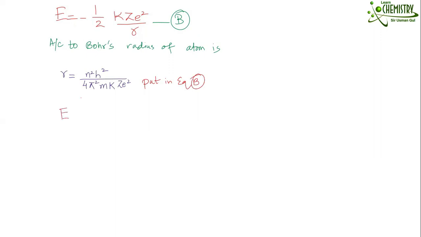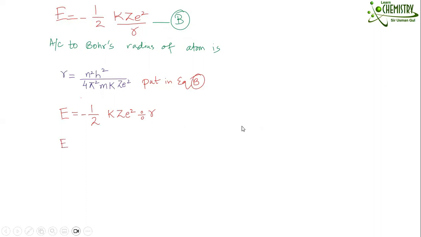Let me write it: E equals minus half kz square, and what I did is write the divide sign here, divide by r. It will make it easier to understand how the simplification is done. Let me show you.